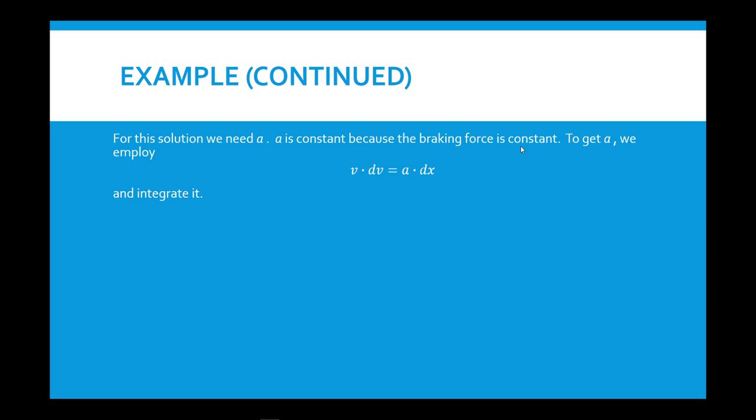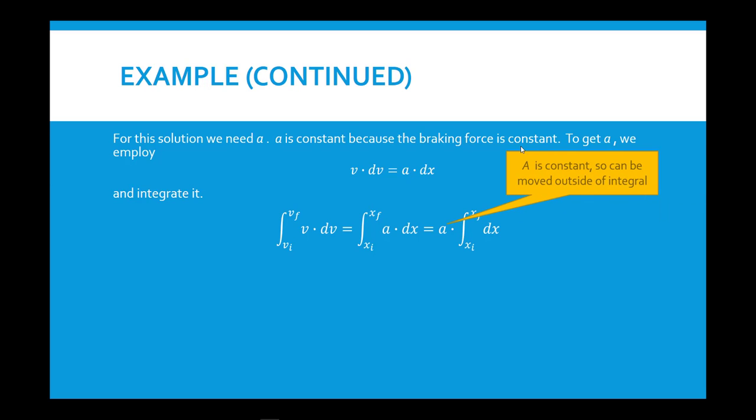So we're going to take this equation and integrate it. I like to use definite integrals because, in my opinion, it keeps your thinking straight. One thing that's true here is that since our acceleration is constant, we can pull it outside of the displacement integral, and it just becomes a constant multiplier.